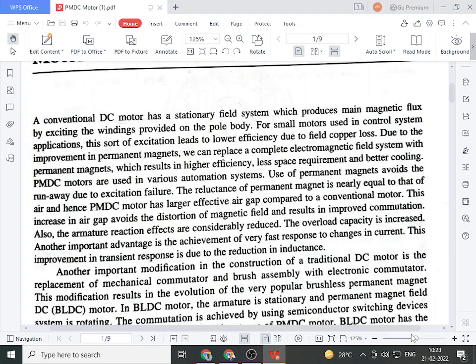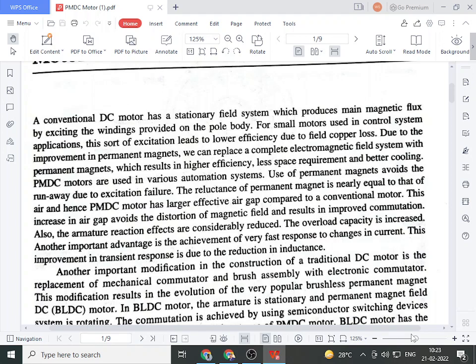So the conventional DC motor consists of a field system, and the main purpose of this field system is to produce the main magnetic flux. Whenever we excite that field system with a DC supply, a magnetic field is formed inside the air gap of the motor.